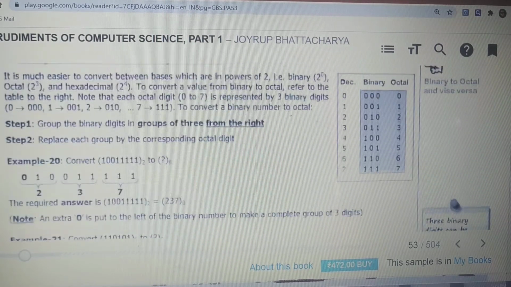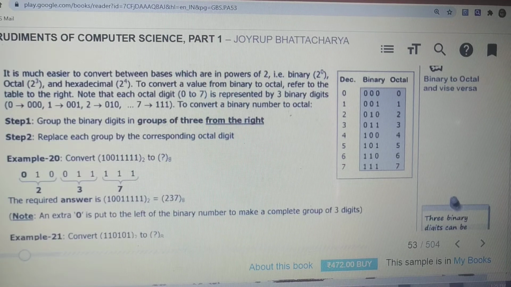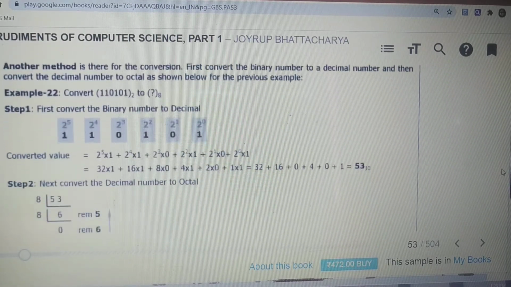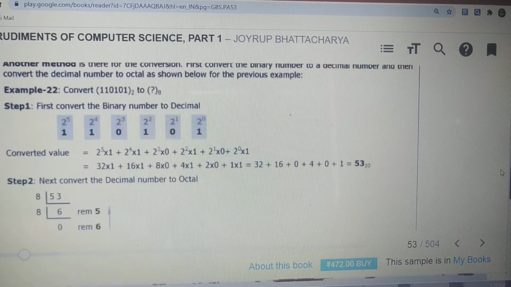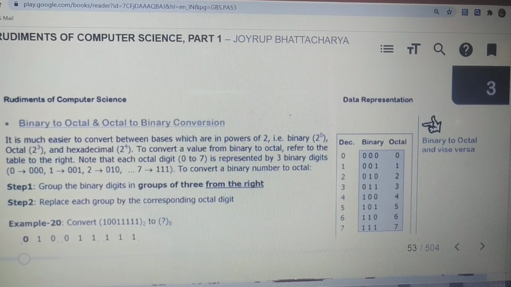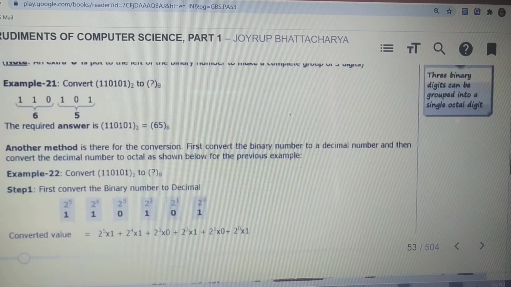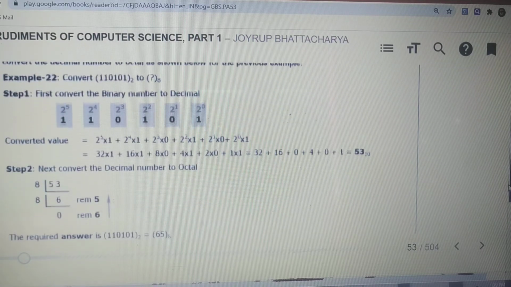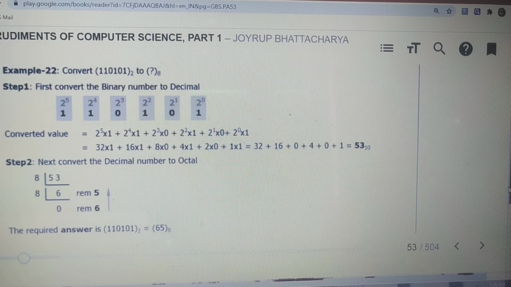It is binary to octal conversion. Let's see how we can convert that.